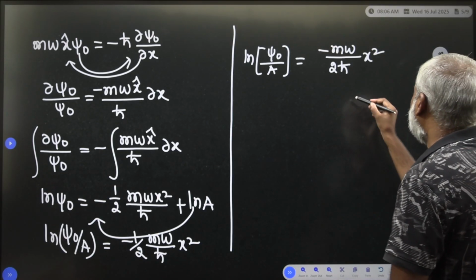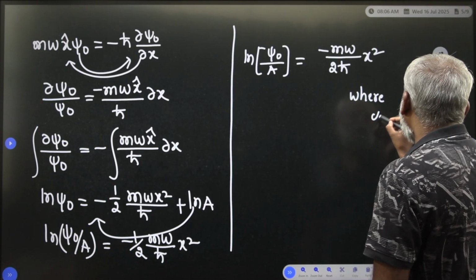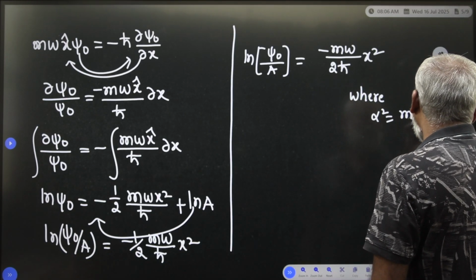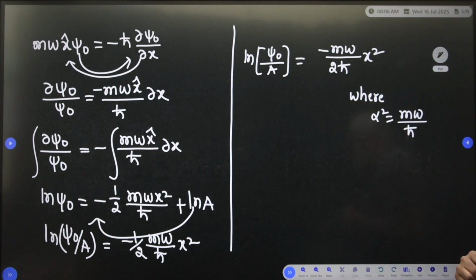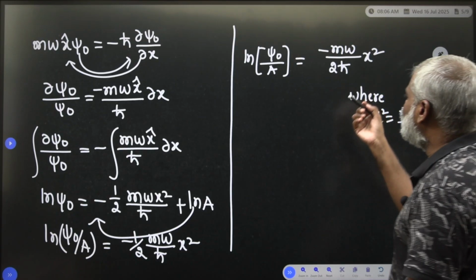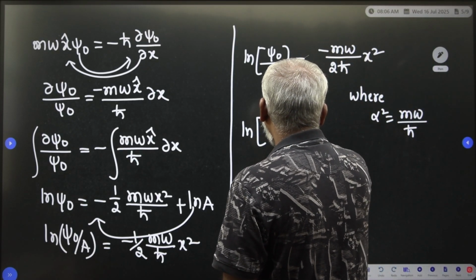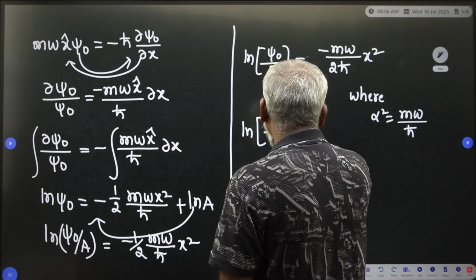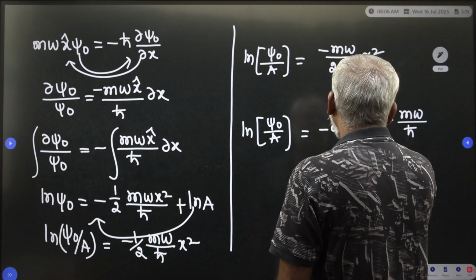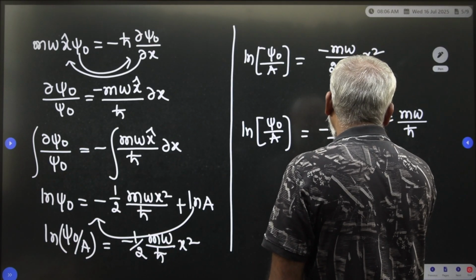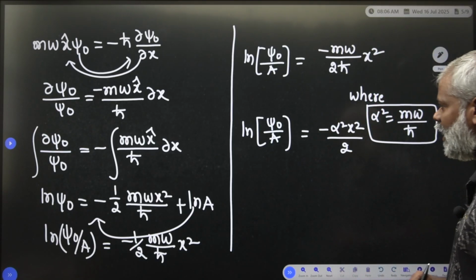But you know that alpha square is equal to m omega by h cut. So you have to substitute here: ln psi 0 divided by a is equal to minus alpha square x square divided by 2, because alpha square is equal to m omega by h cut.